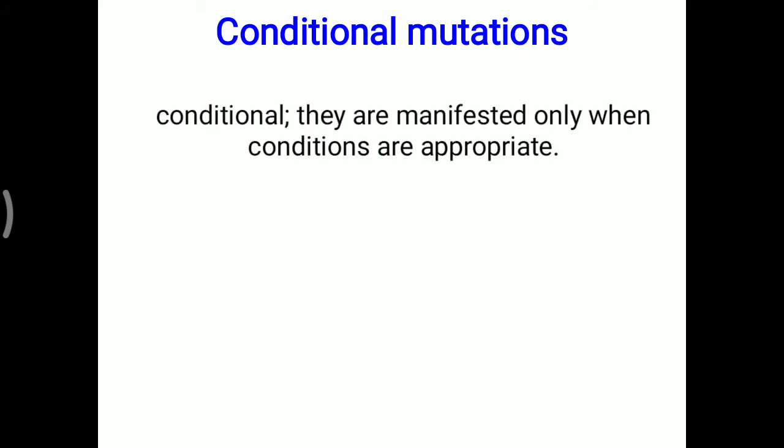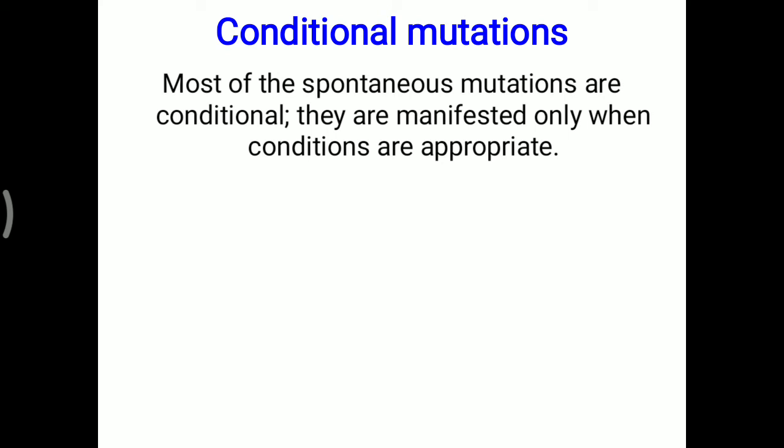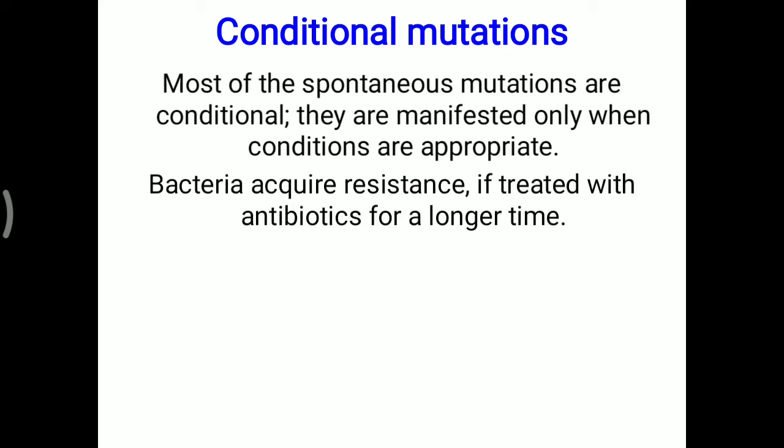Next is conditional mutation. It explains some interesting understanding about clinical application. Most spontaneous mutations are conditional. They are manifested only when conditions are appropriate. So bacteria acquire resistance: if treated with one particular antibiotic for a longer time, after some time the bacteria will develop resistance against that antibiotic.